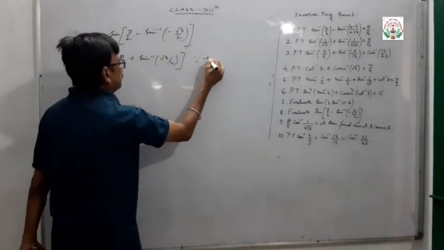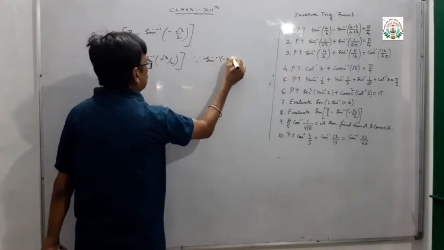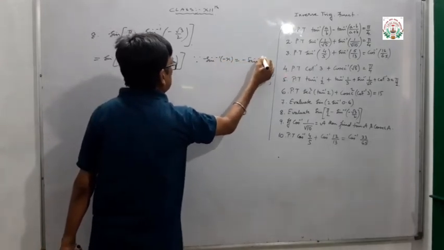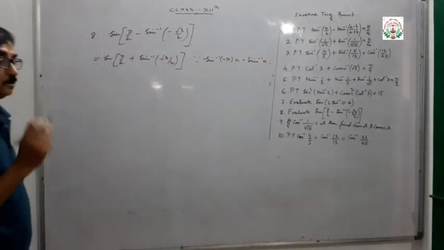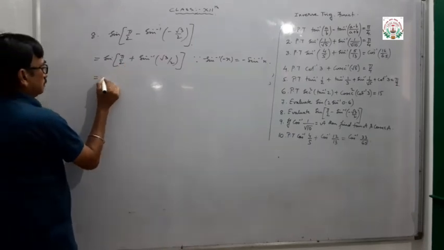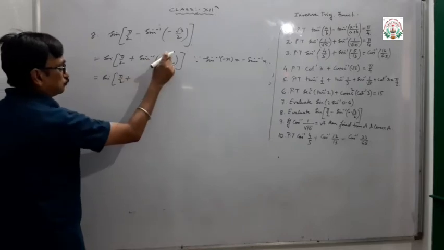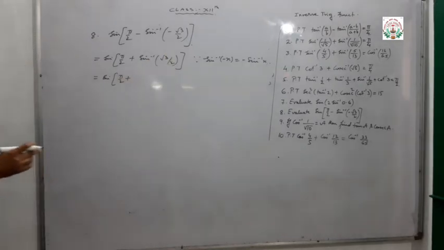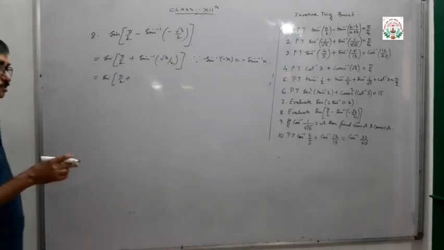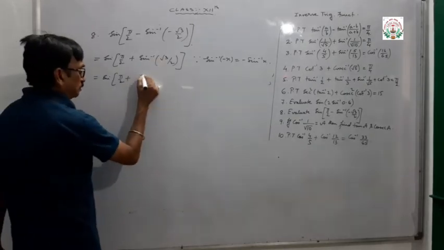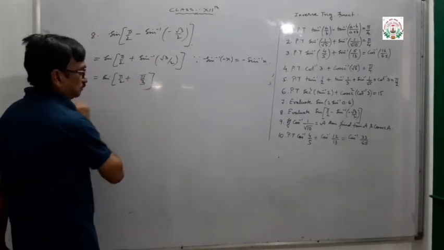As we know that sine inverse of minus x is minus sine inverse of x, so it becomes plus. Now sine of pi by 2 plus sine inverse of root 3 by 2. Sine 60 degree is root 3 by 2. 60 degree stands for pi by 3, so we can write this as pi by 3.